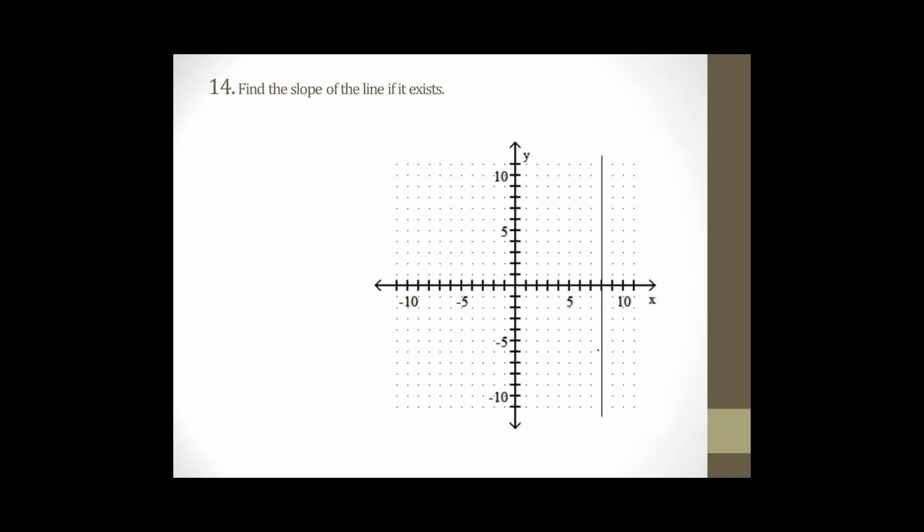It would be the vertical line, which is this, and then you also could have the case of a horizontal line. One of them is 0 and the other one is undefined. Do you guys know which one this line is? I'm going to give you a second to type in whether this one is undefined or 0.